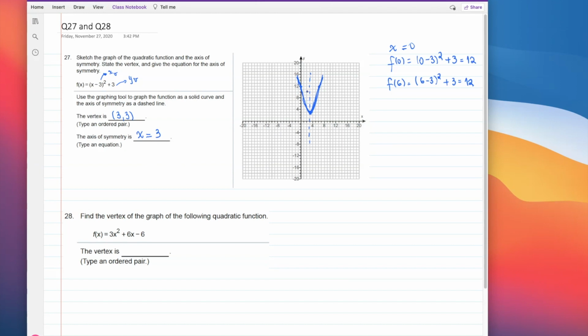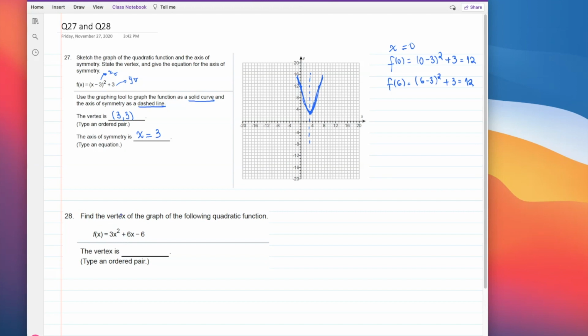Probably they will ask you to use a solid curve to graph the function, and a dashed line to graph the axis of symmetry. Pay attention to that, because if you put both solid or both dashed, you will not get the full point for it. Okay, last one.